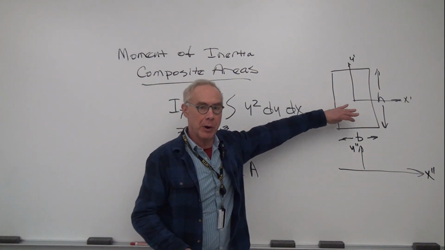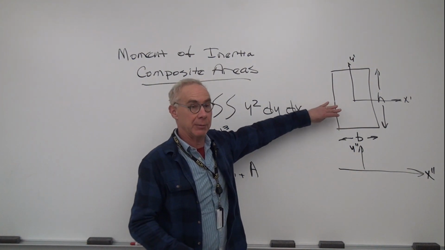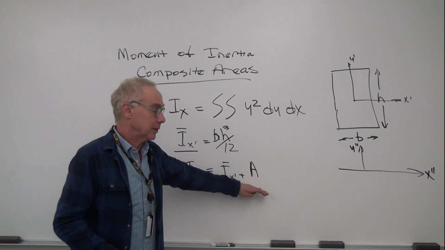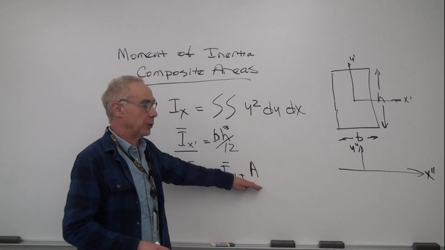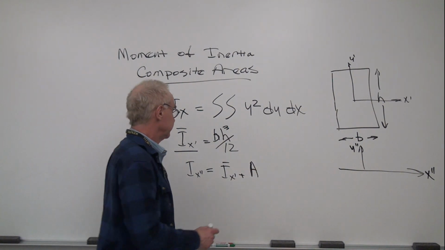But don't forget, we can evaluate a moment of inertia for many other shapes. So this rule is essentially applicable for all those shapes. In this case, we know that A equals b times h.